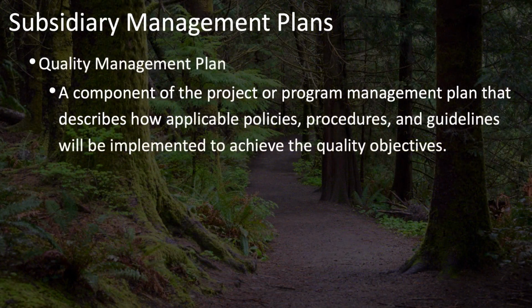Next, we have the quality management plan, which describes how applicable policies, procedures, and guidelines will be implemented to achieve the quality objectives. Notice here, by the way, that it references applicable policies and procedures and guidelines, meaning that these may well come from your portfolio or program or PMO.